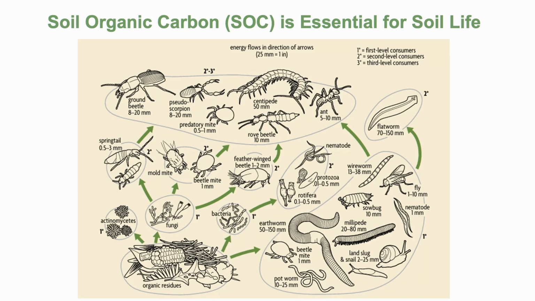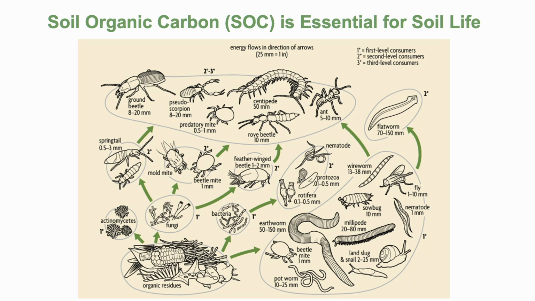If we were to represent life in the soil by this figure that I have up here, here are our organic residues. Can you hear me okay? This is all stuff that at one time used to be part of a plant, even if it's manure. Manure started as a plant way back when, didn't it?